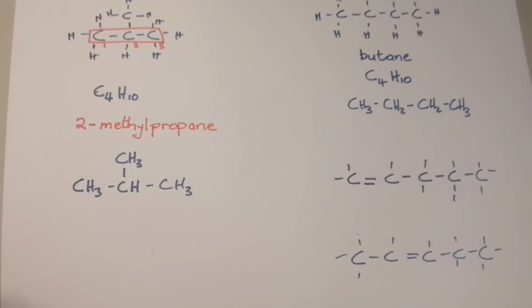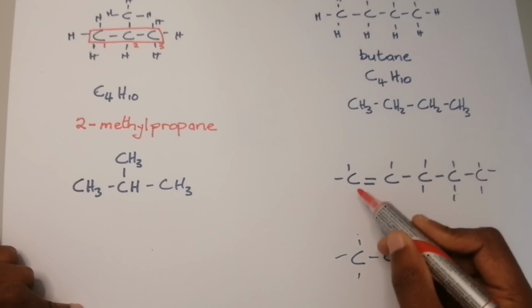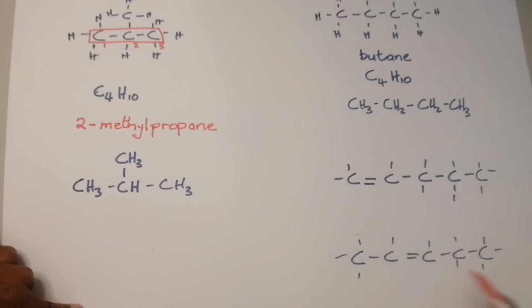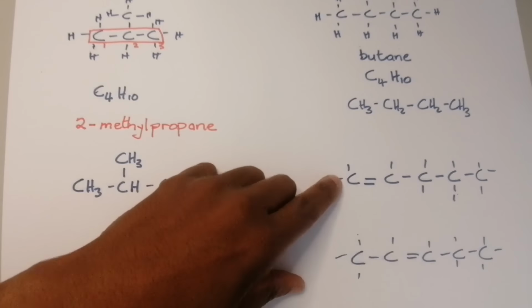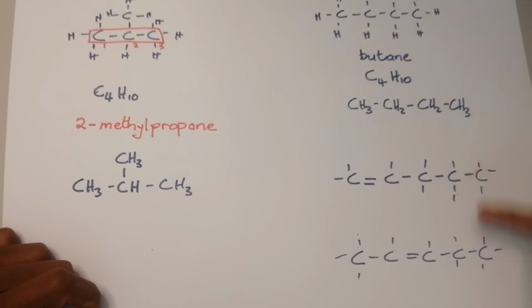So what's different between these two structures? I'm sure you've already noticed. Can you see that this one has got the double bond between the first and the second carbon? What about this one? It's got the double bond between the second and the third carbon. So if you were to say to someone, draw the structure of pentene, and someone else gave you that, and someone else gave you that, remember, these are two different chemicals.